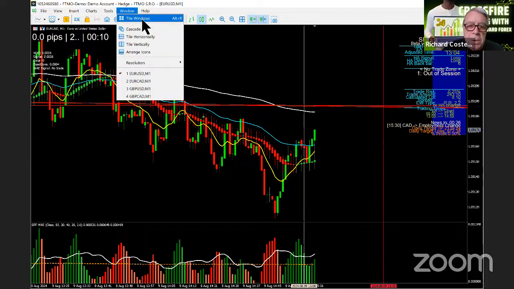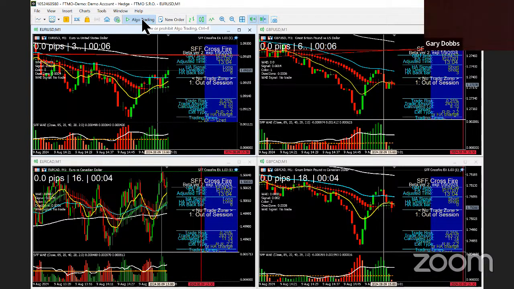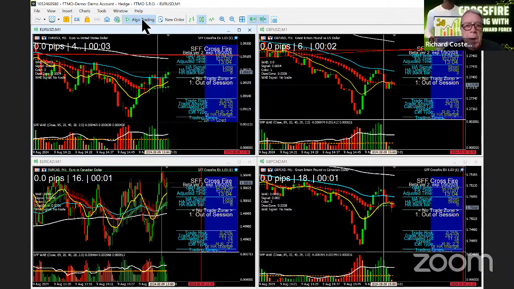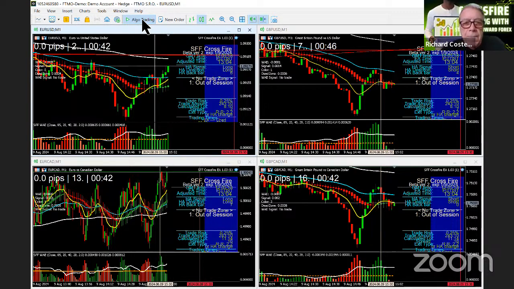You should now be able to see four charts on one screen. If you're trading those four crossfire pairs and you're letting the trading assistant run because you've got to go out to work, there's a possibility that things might go against you and you might end up being in four trades and they might all lose. And that's not a good position to be in.